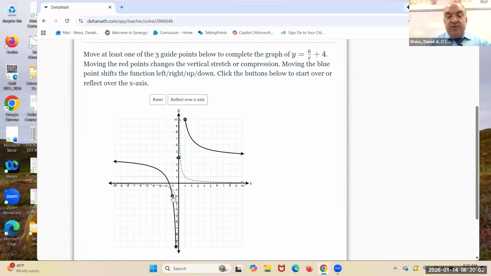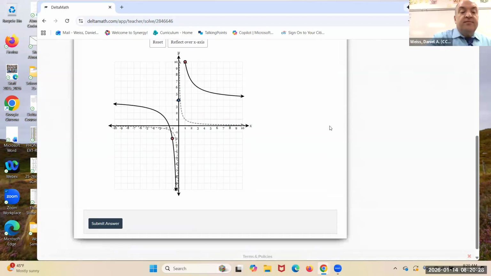So you'd have to use this one here. And for example, if I put in -1, 6 over -1 is -6. -6 plus 4 is -2. So that's why this dot here is at -2. Okay. And you'd have to do this one because this one would wind up off the chart. All right.